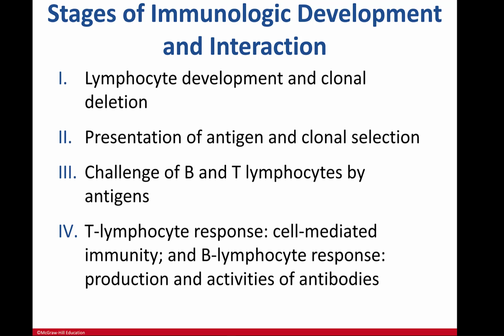So just know that T lymphocytes are typically the cell-mediated part of the immunity, and the B lymphocyte response is the activity of antibodies and the production of same. And so the T lymphocytes also help regulate and provoke the B cell or the B lymphocyte response.